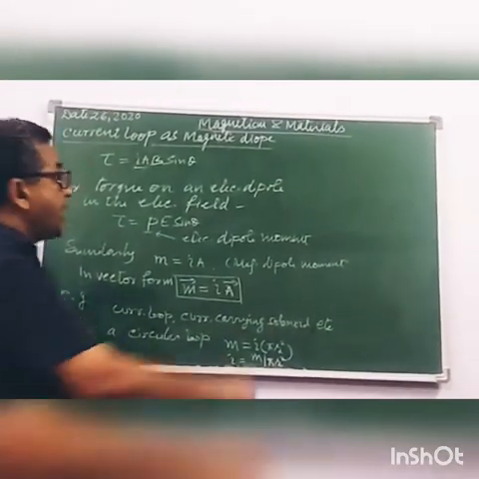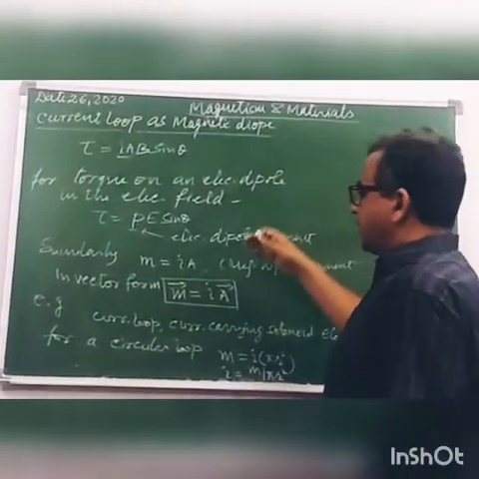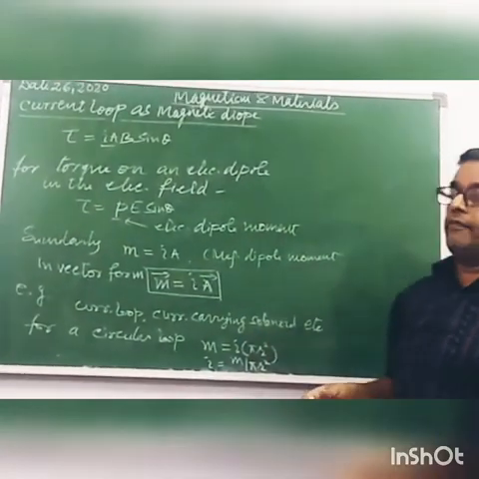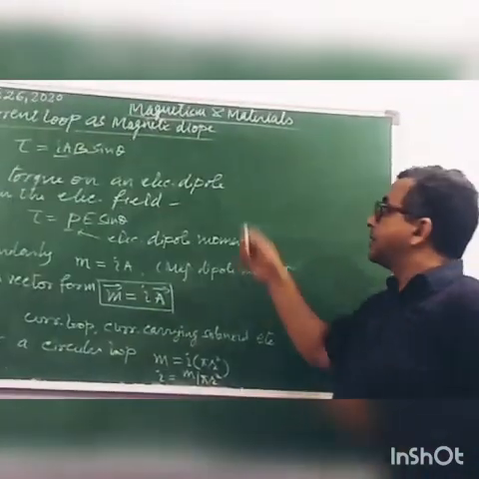Now the next case: suppose the current loop has a number of turns.